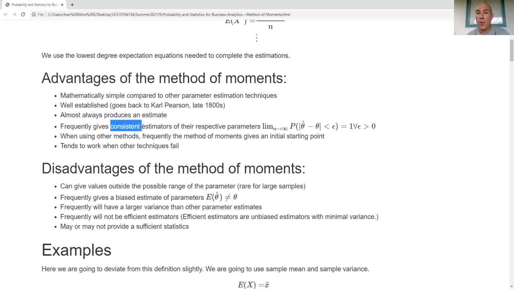Under very weak assumptions, the method of moments gives us a consistent estimator. This means that basically I get overall an accurate estimate of what I'm attempting to estimate. That's a huge advantage.